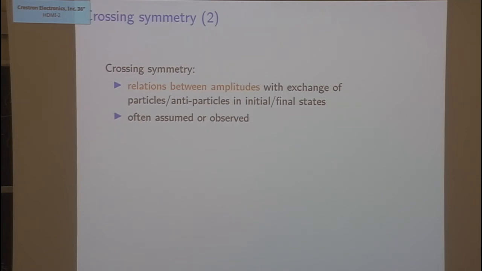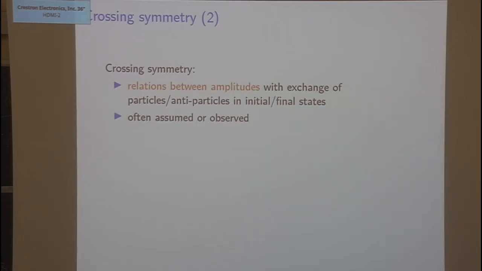So crossing symmetry is relations between amplitudes with exchange of particles and antiparticles in initial and final states. And the point is that it's often assumed or observed. In most textbooks, you will see that at tree level or maybe one loop, it looks crossing symmetric. Or you will use it and then derive relations for amplitudes, like in the recent scattering amplitude program.